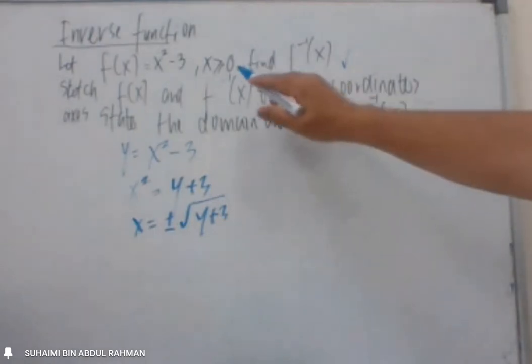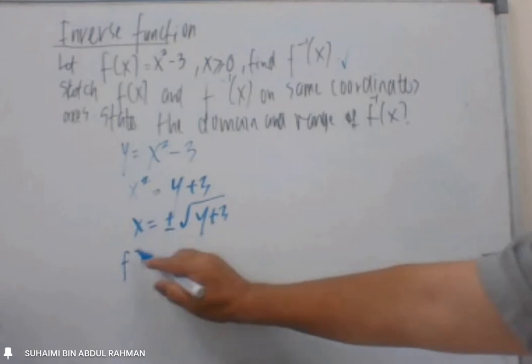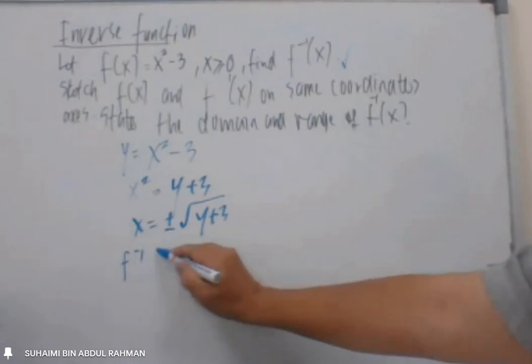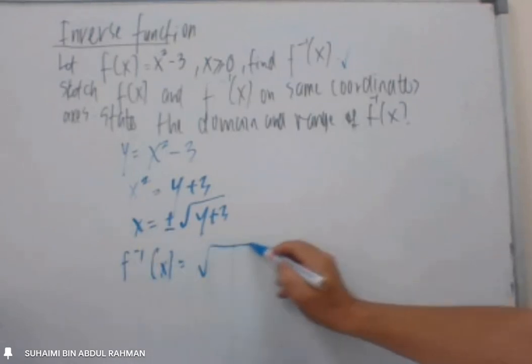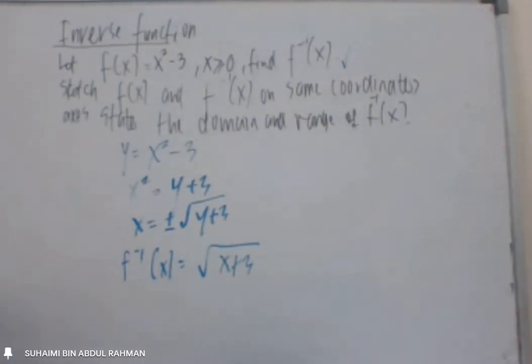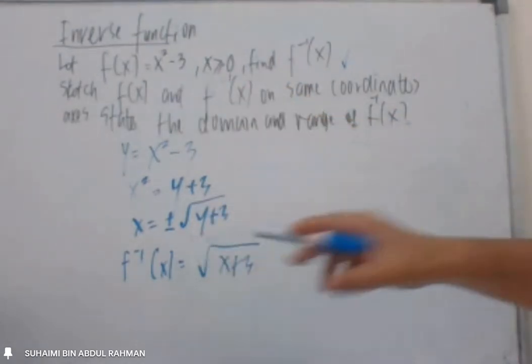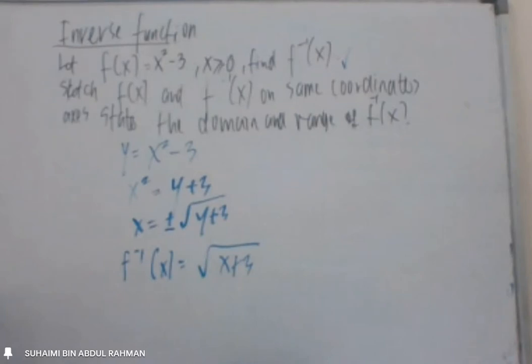Since x is positive, for the inverse of the function we choose the positive square root of x plus 3. We don't choose the negative. If x were less than 0, we would choose the negative, but because x is greater than 0, we choose positive instead of negative.